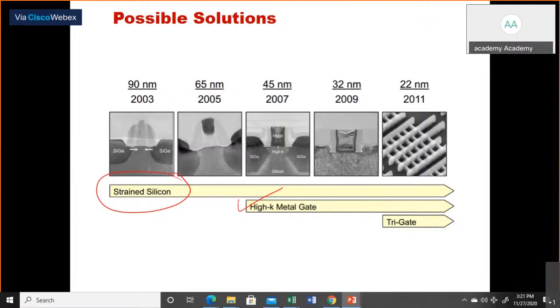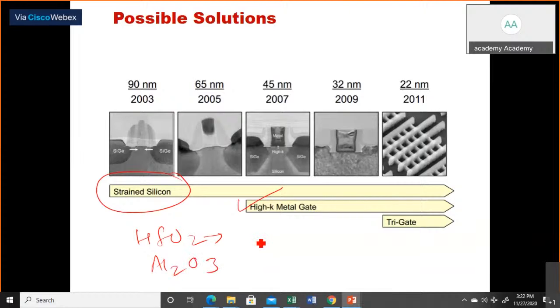What do you mean by high K here? High K is meant for high dielectric constant material. Okay, generally in MOSFET we use SiO2 material, but here we use high K dielectrics like HfO2. For example, HfO2 is one high K dielectric, and Al2O3 is another.